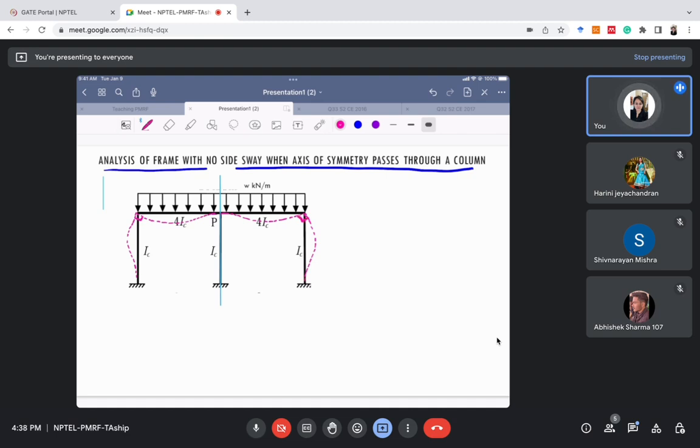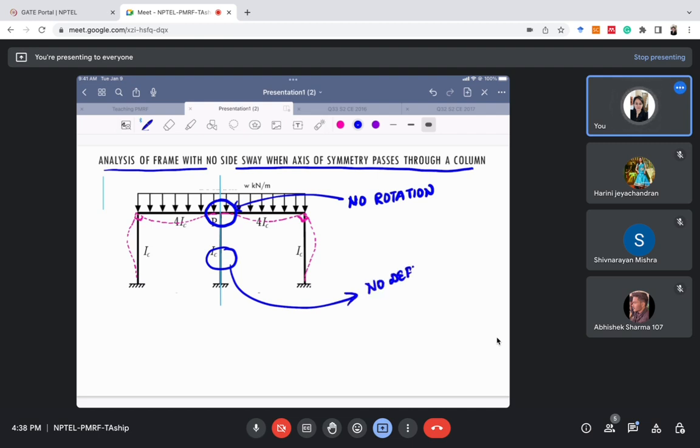Because of the symmetry, we have no rotation in this part. We can observe that there will be no rotation at the center joint P, and since there is no rotation here, this center column will not deform. So no deformation in this column.